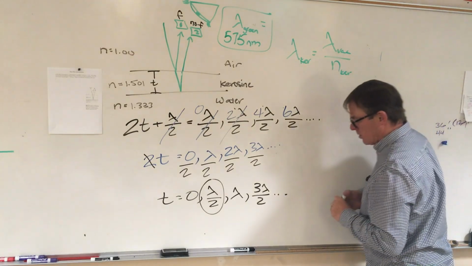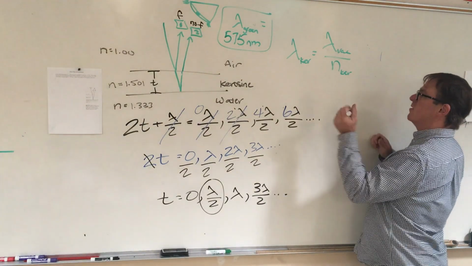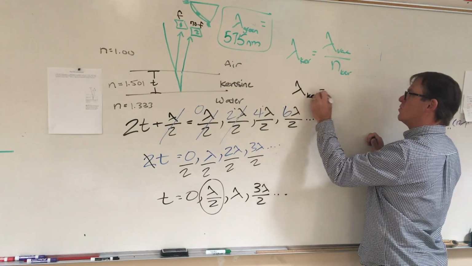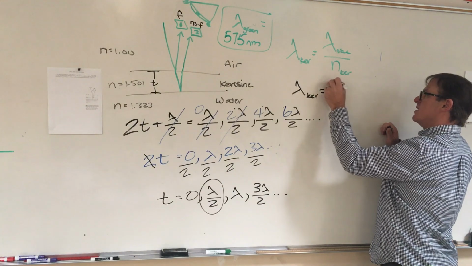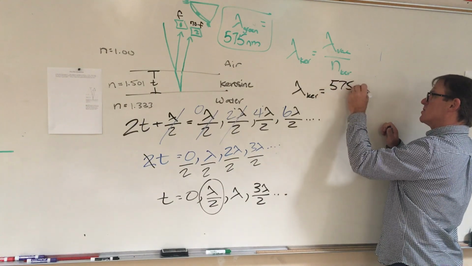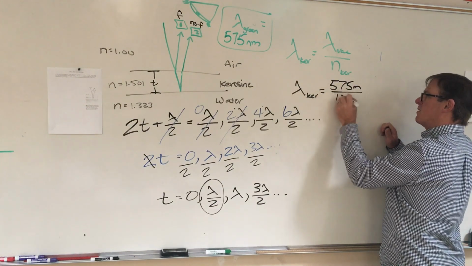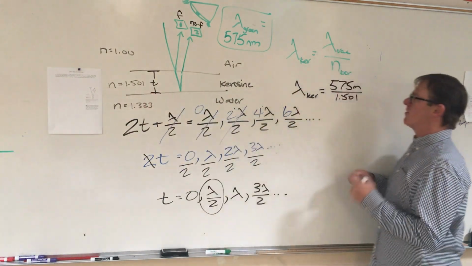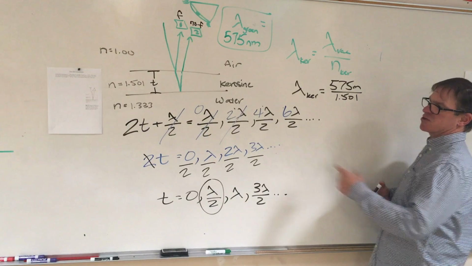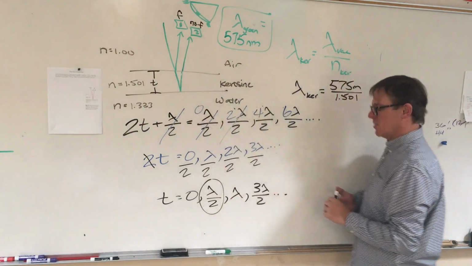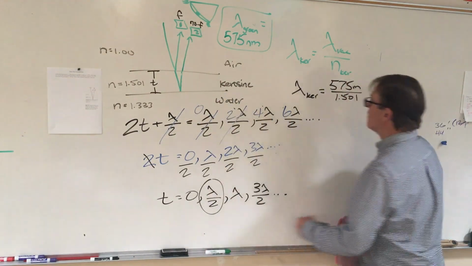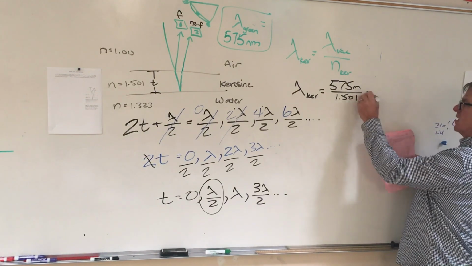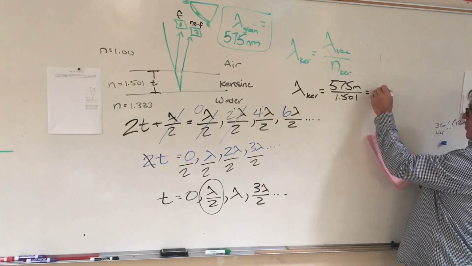For this problem, those values are wavelength in the kerosene is going to be 575 nanometers divided by 1.501, the index of refraction of the film that the extra path travel was in. 575 divided by 1.501 equals 383.